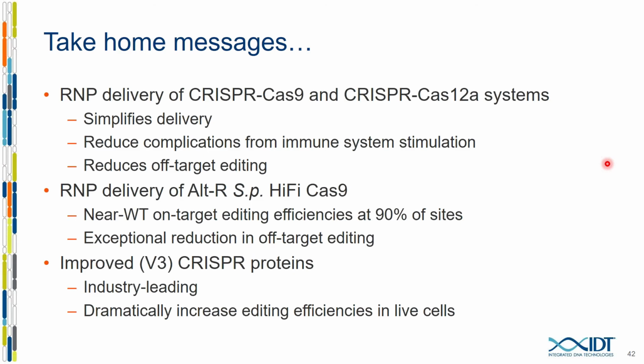Thanks, Chris. We've got a few more questions that are coming in. Natalie would like to know if it's okay to increase the Alt-R Cas9 concentration to increase efficiency. So increasing the RNP concentration to drive up your activity. Yeah, I think absolutely. It just depends on, every system is going to have limits in terms of what is and what is not toxic.